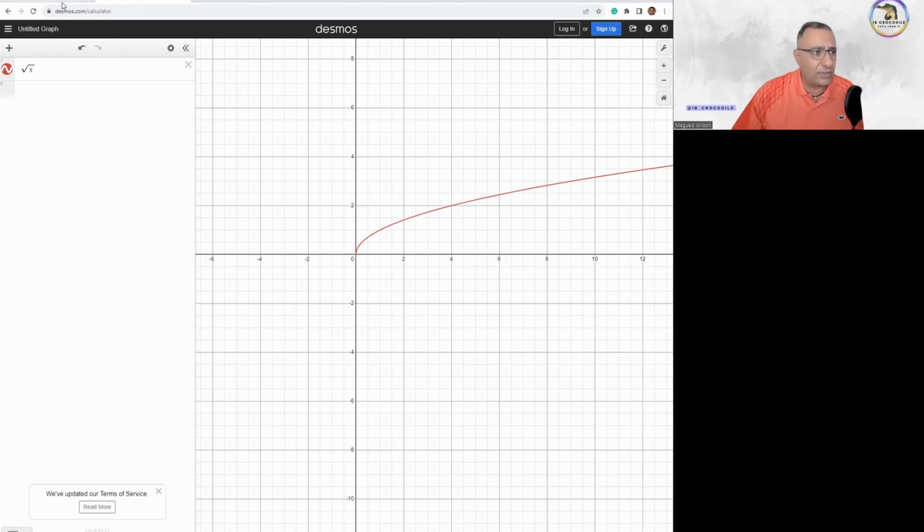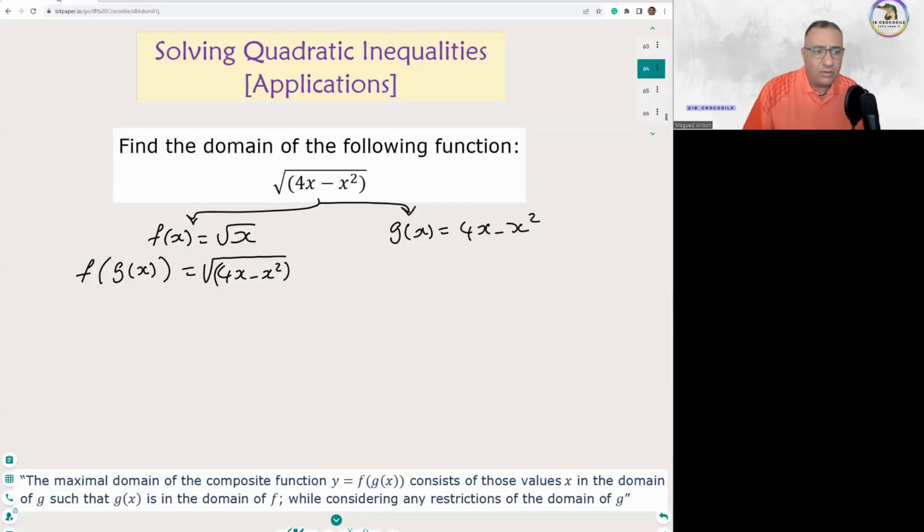Let's go back to the question. The domain of root of x means whatever is under the square root has to be bigger than or equal to 0. Here we have 4x minus x squared, which is g of x, and it has to follow the domain of the parent function.